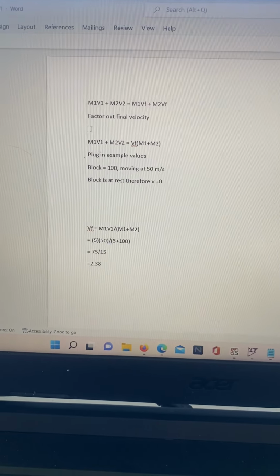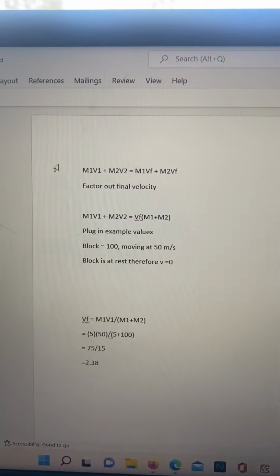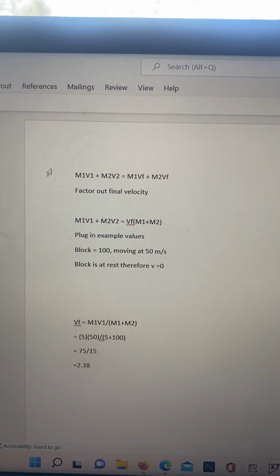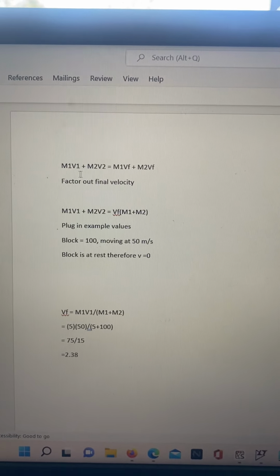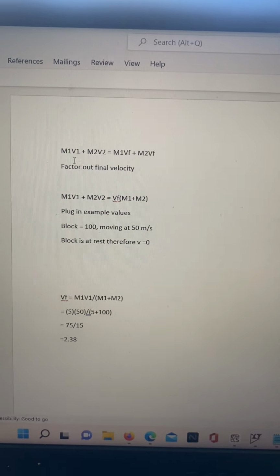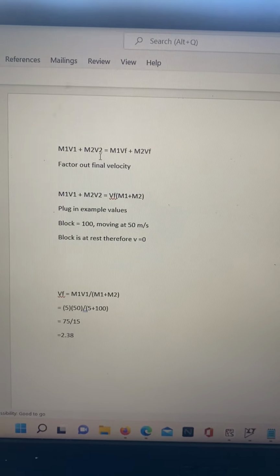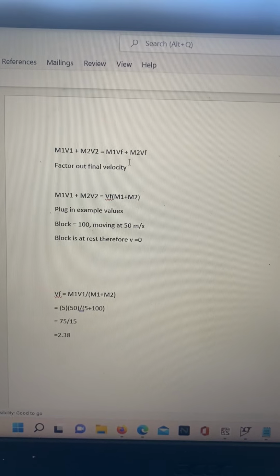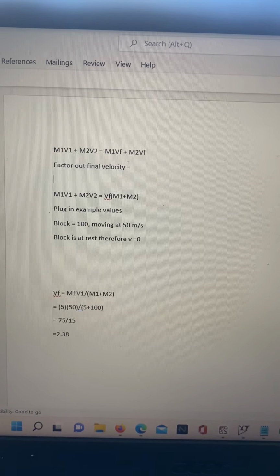to Word and show the equation for momentum. So here we have, not momentum, but the inelastic collision equation: M1V1 plus M2V2 equals M1VF plus M2VF.